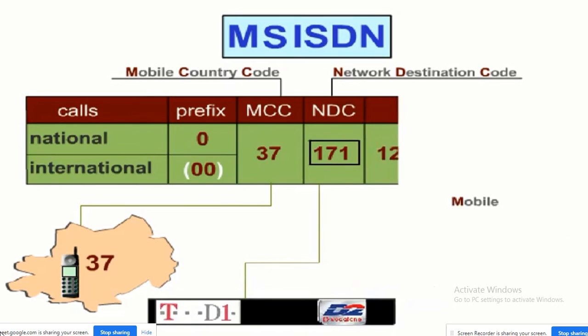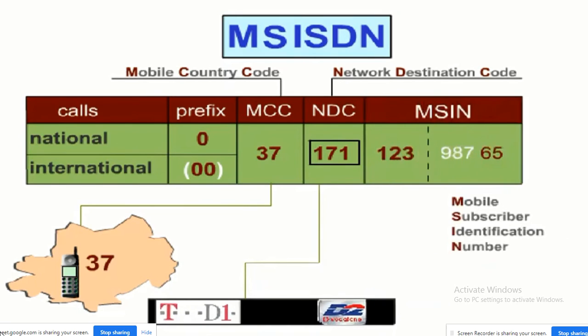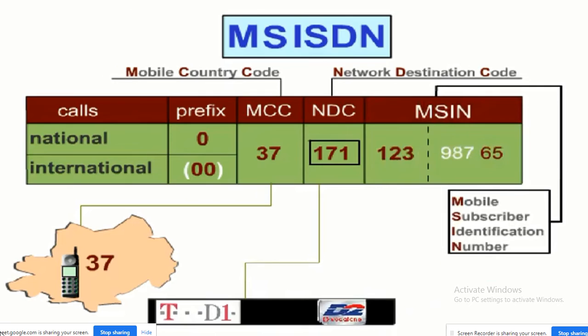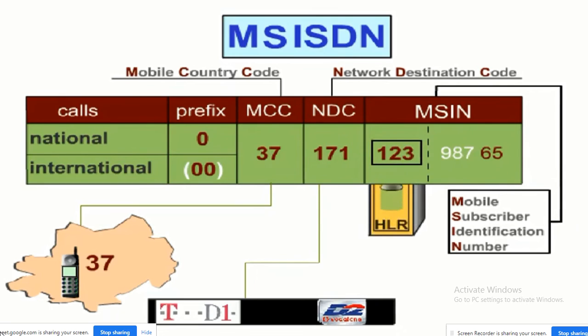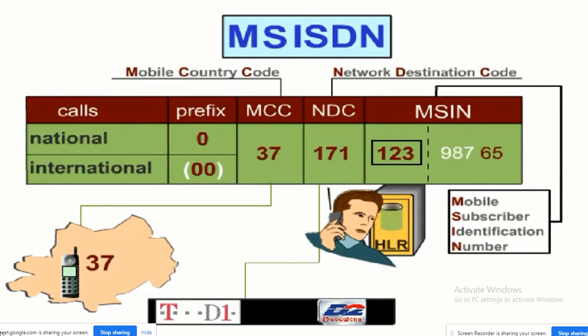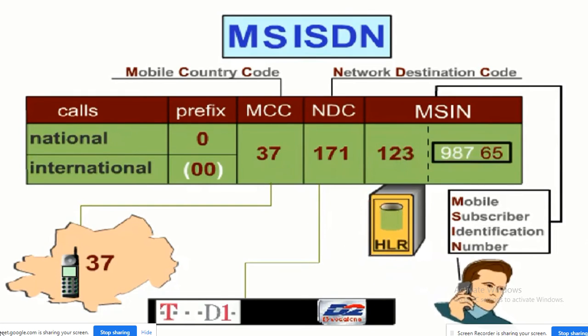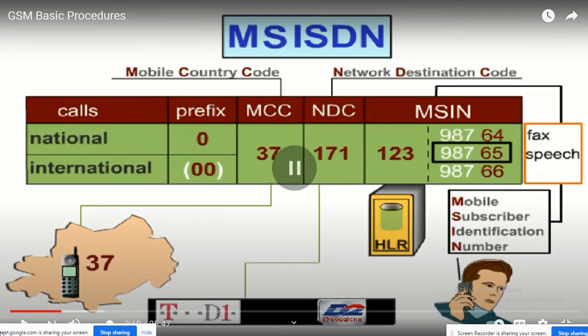The mobile subscriber identification number, MSIN, forms the fourth part of the MSISDN. The first 2 digits of this number determine in which HLR a GSM customer is stored, which is used to locate him or her. The remaining digits identify the individual subscriber with different services like speech.